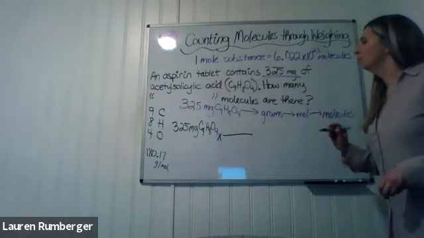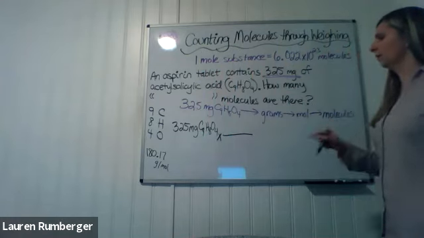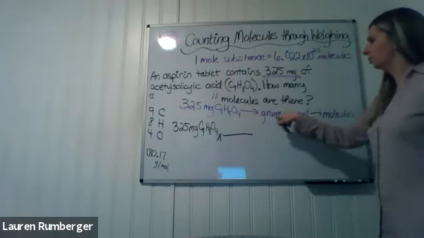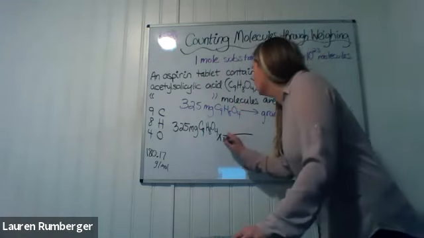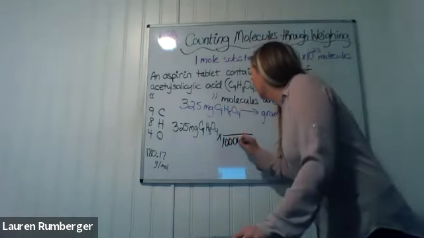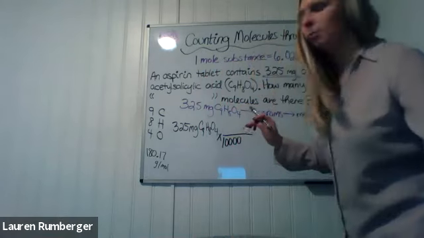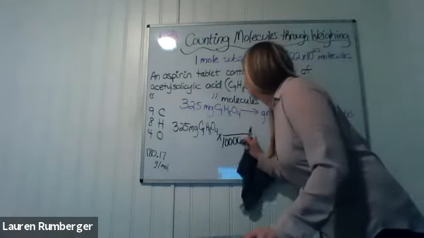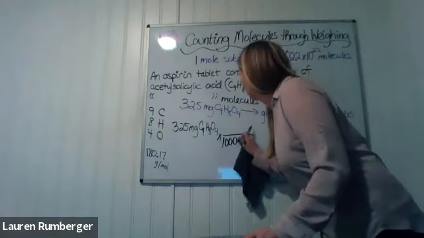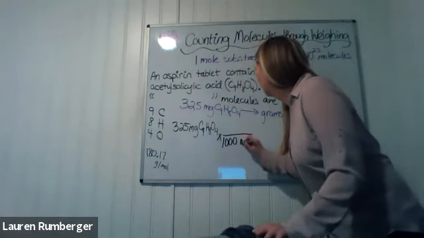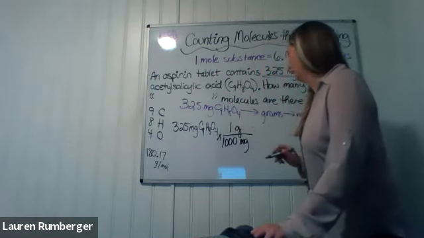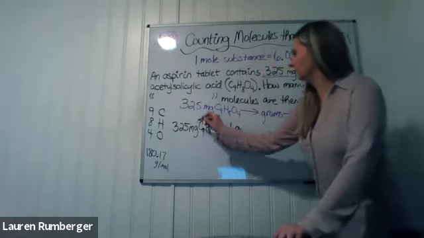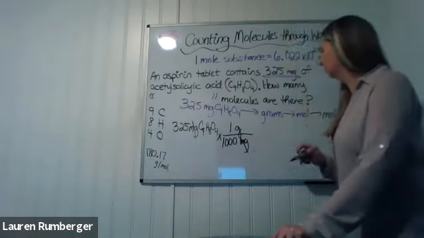How many milligrams are in a gram, to be able to convert from milligrams to grams? There are 1,000 milligrams in 1 gram. That allows us to cancel milligrams.